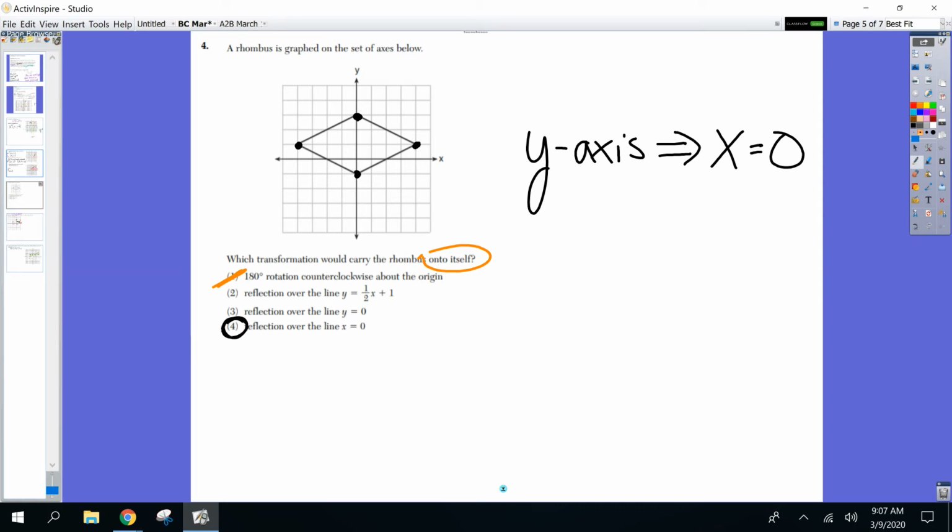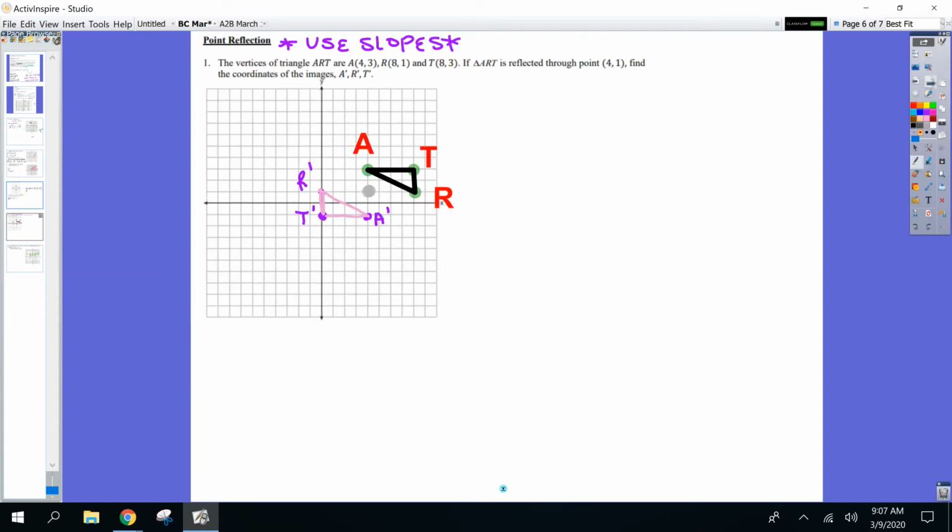All right. Now what I wanted to get to a couple minutes ago: if you can reflect through a line, you certainly can now reflect through a point. Go ahead, graph it up.